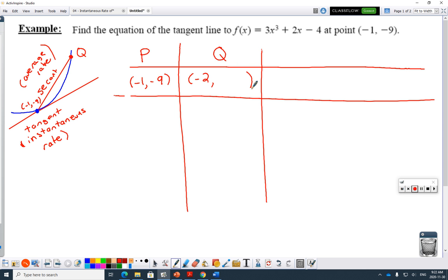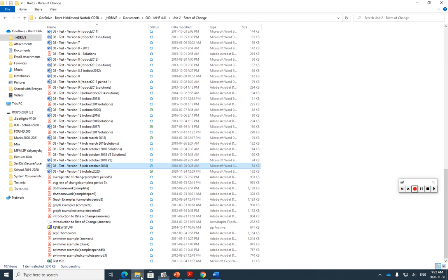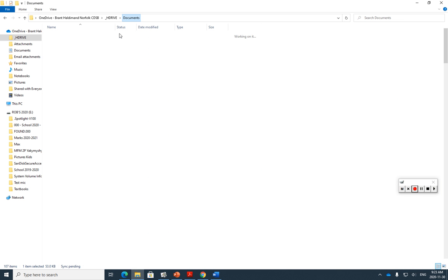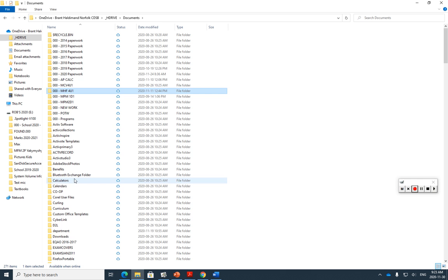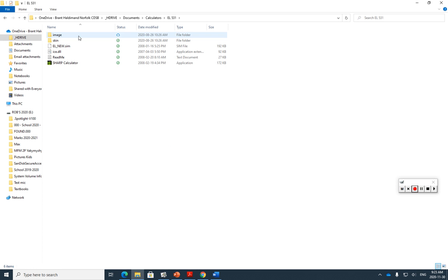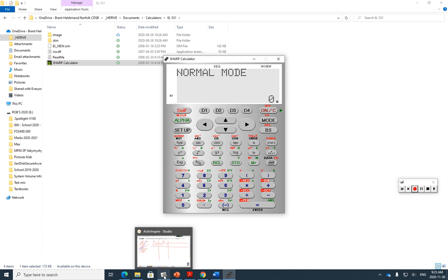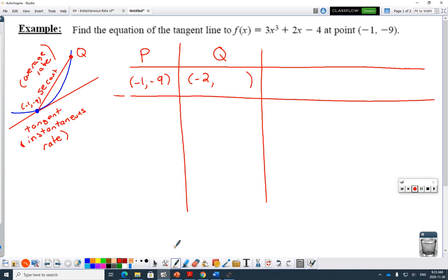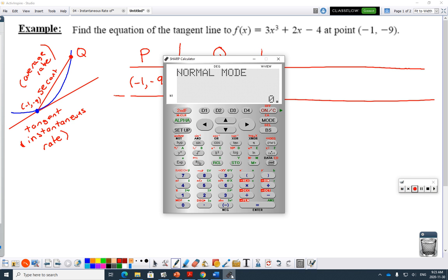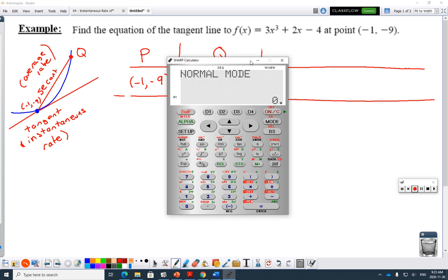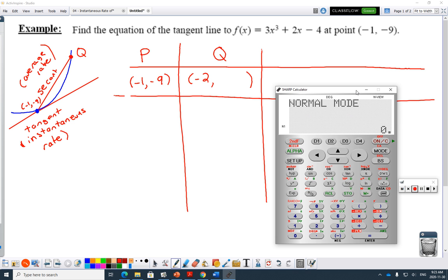All right? So you go up there and you get your calculator out. When I checked last week, everybody had what I thought was a pretty good calculator to do these types of examples. And I type it in.